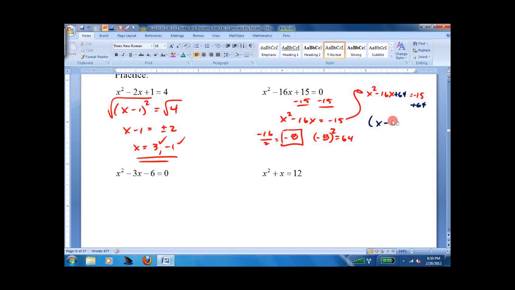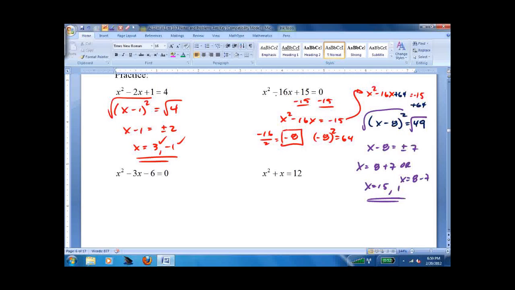X minus 8 squared equals 49. Ooh, looks like we got another good one. Square root of both sides. X minus 8 equals plus or minus 7. X equals 8 plus 7, or X equals 8 minus 7. Looks like X equals 15 and 1.